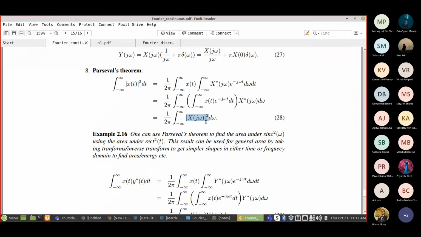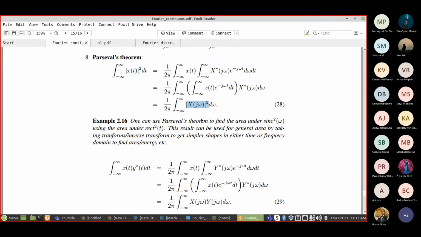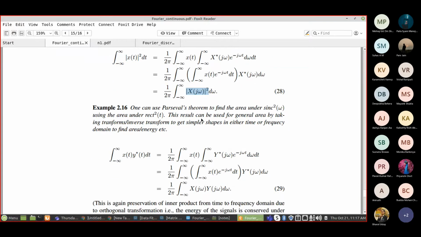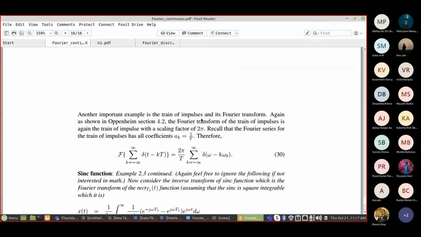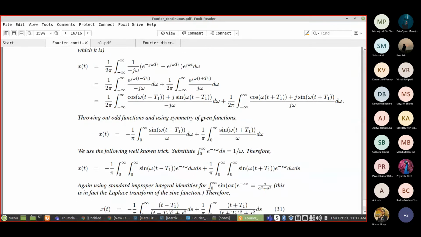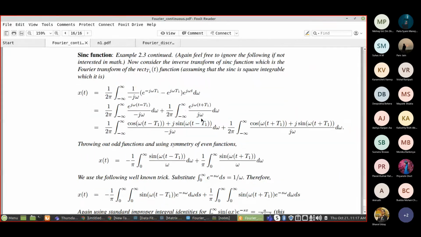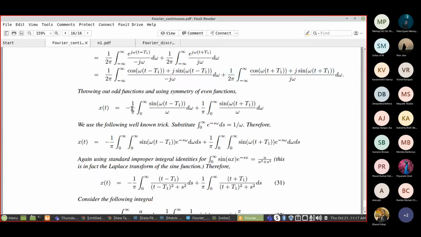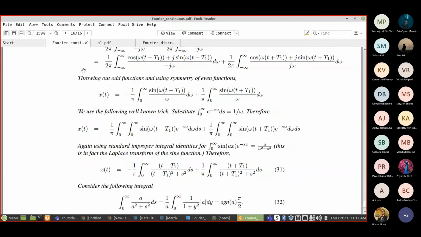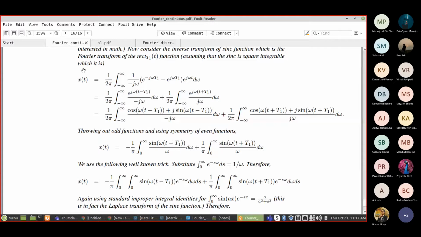So you need square integrability for defining the Fourier transform. Sinc is not absolutely integrable, but square integrability is good enough for us to define this integral. So I hope that query gets answered. These integrals make sense because this is square integrable from Parseval's theorem.